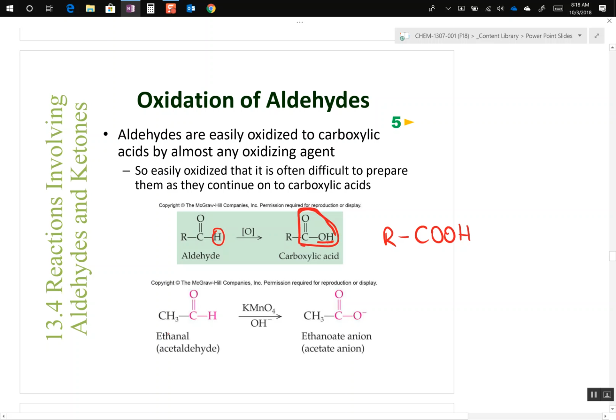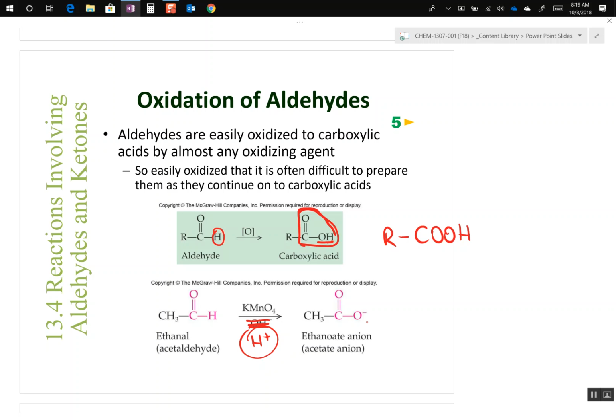Here, that's an interesting example. You know what? Let's go ahead and use the H plus instead. Yeah, be less confused. So ethanol, and use potassium permanganate here. That's an oxidizing agent in the presence of acid, and you'll get the carboxylic acid. If it's in the presence of base, then you form the conjugate base of that acid, which is the acetate anion.